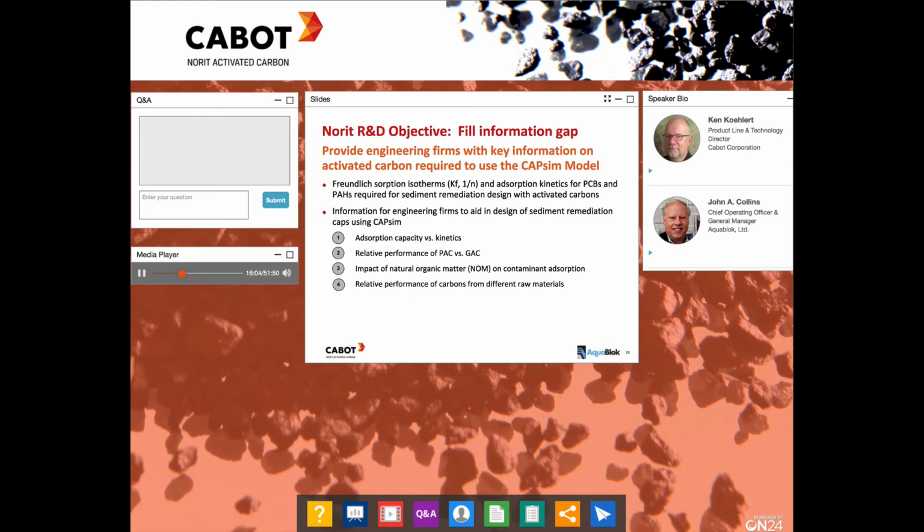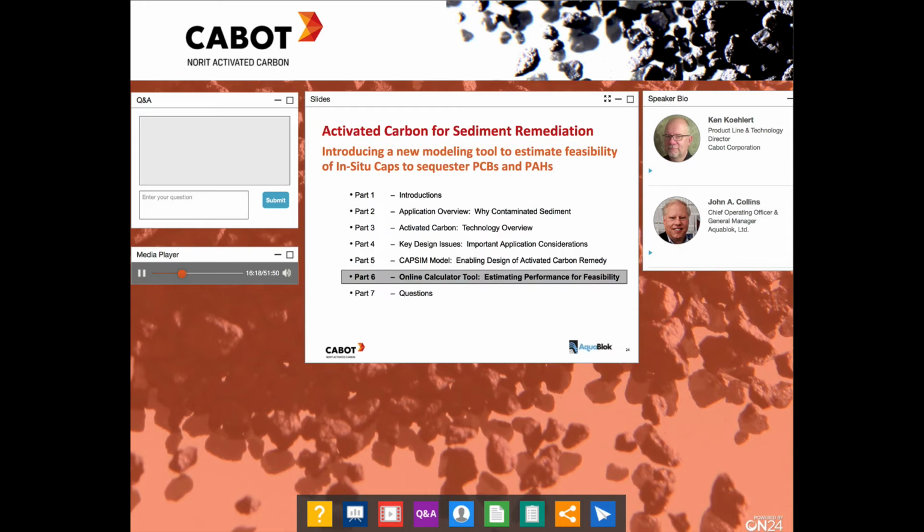John discussed how we closed the first gap with lab data. The second gap was closed by running hundreds of CapSim scenarios and correlating the results. Now we'll discuss how the calculator tool was developed and how it can be used to quickly and easily assess cap designs.